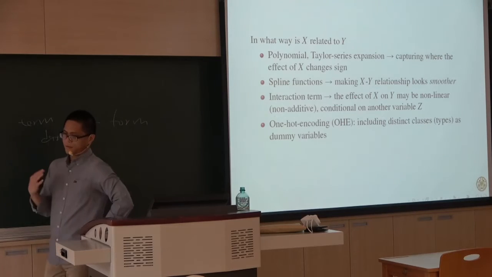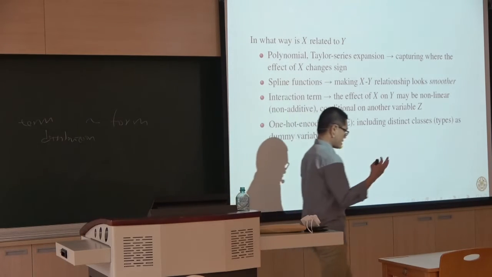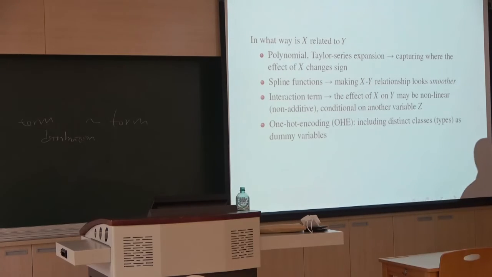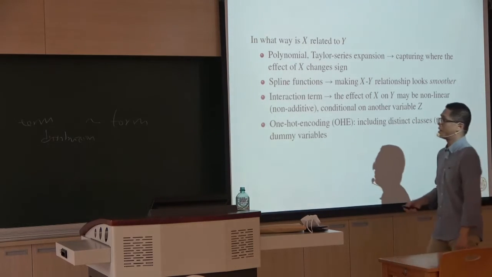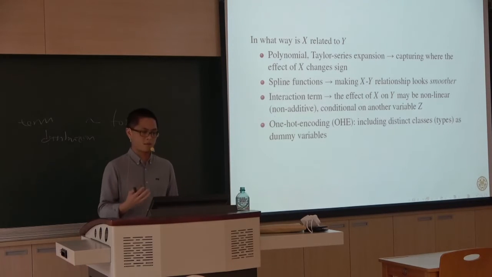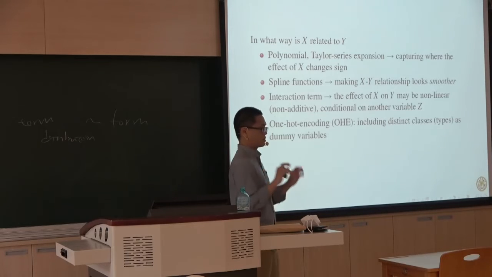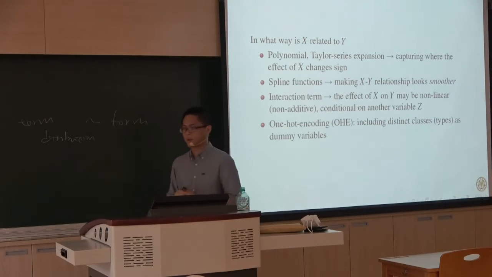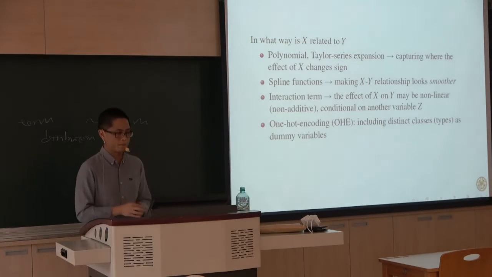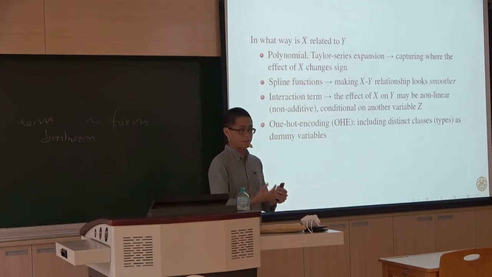Now we get to the functional form specification, because not only do we want to know whether x has some statistically significant relationship with y, but we also want to know in what way it is related to y. So we are going to approximate, because we actually do not know the underlying relationship between x and y.